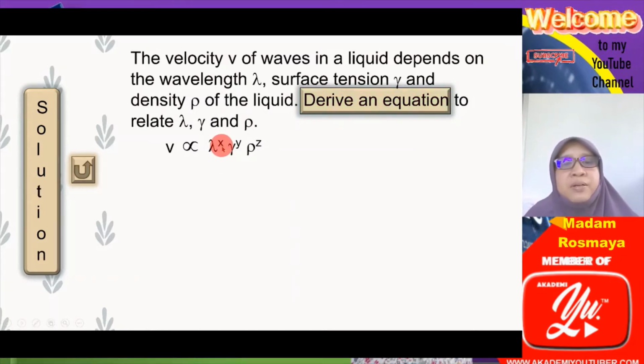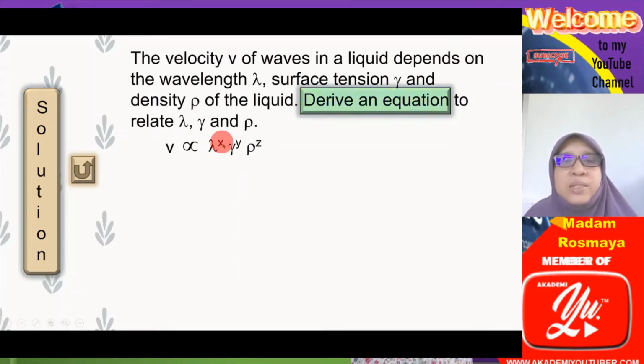If v is inversely proportional to the wavelength lambda, the x may become negative 1. If the velocity is directly proportional to the wavelength, the value of x here is 1. We don't know how it depends on wavelength, so we just simply put x.